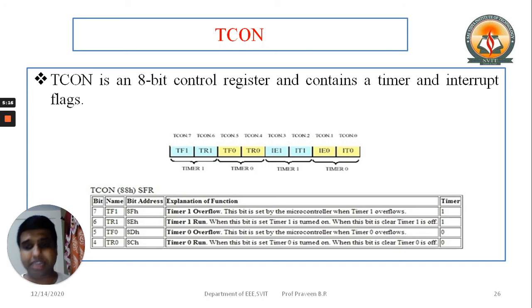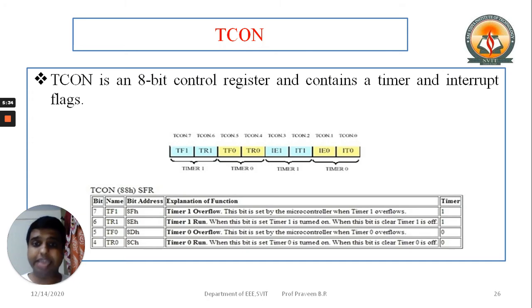Coming to the 7th pin, TF1. TF1 indicates timer 1 overflow. This particular bit is going to be high whenever timer 1 overflows.